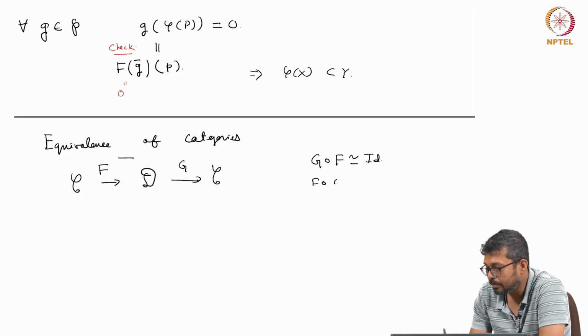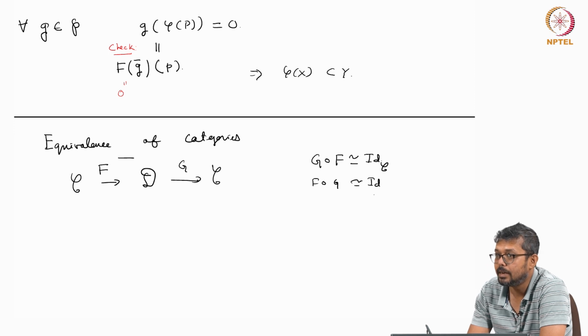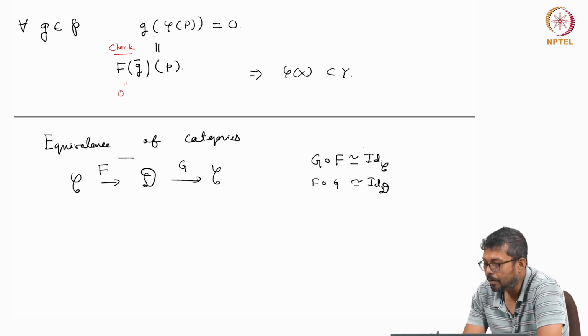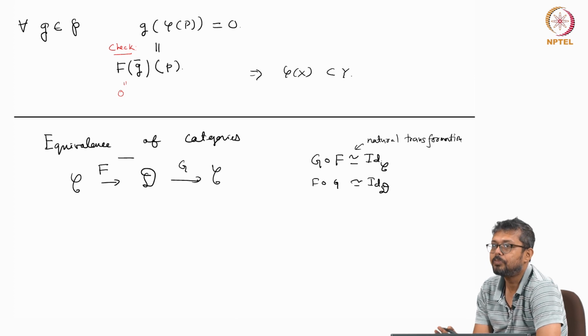Similarly for F composed with G. I don't want to go into much detail, but natural transformations are maps between functors.